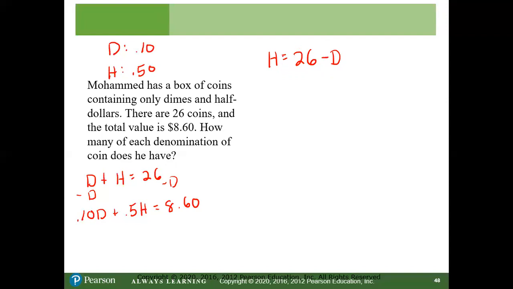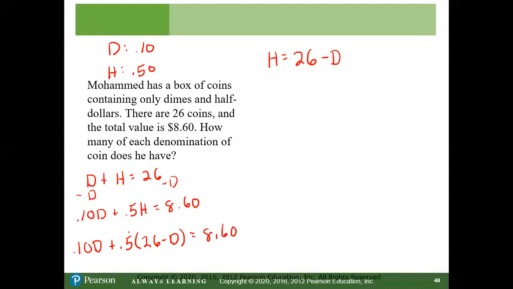Okay, so again, the number of half dollars is directly related to the fact that you have 26 total coins minus some number of dimes in this box. And what we do is we replace H with this 26 minus D. So this will be 0.10 times D plus 0.5 times (26 minus D) is equal to 8.60.